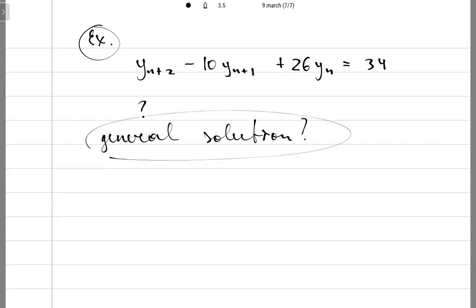How do we proceed? Okay, what is step 1? What will we do first? Solve the characteristic equation. Yeah, you are completely right. First, we forget about the right-hand side. So we solve a homogeneous equation.